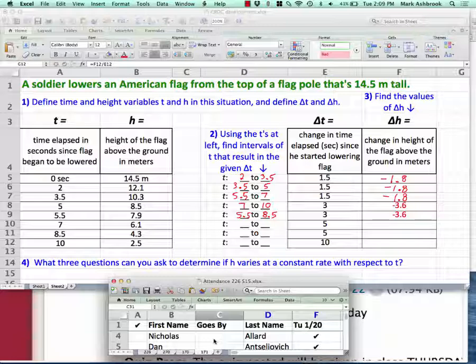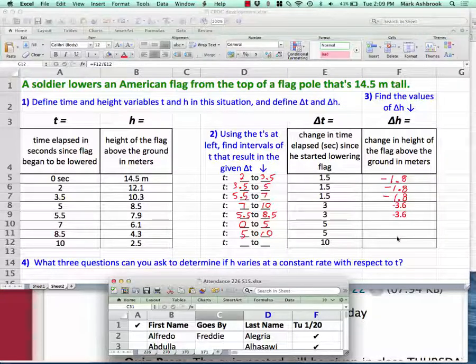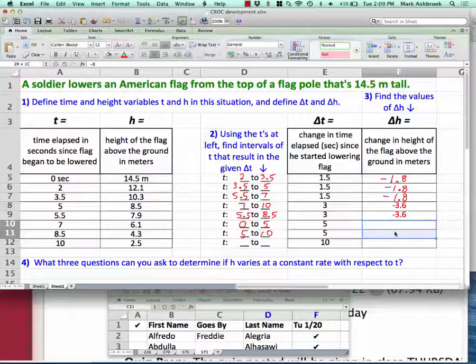Okay, how about changes in 5? Dan, you're up. I got 0 to 5, and then I got 5 to 10. Those work? And what did you get for the changes in the height for those changes in time? I got negative 6.0 for both. Negative 6. Agree? Cool. All right. And finally, of the data that I gave you, there's only one possibility here.